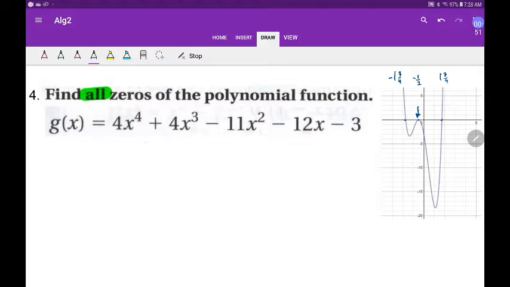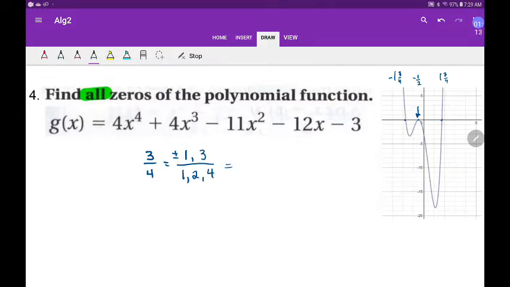So my possibilities here are 3 on the top, and 4 on the bottom. Factors of 3: 1 and 3, plus or minus. And on the bottom, factors of 4: 1, 2, and 4.